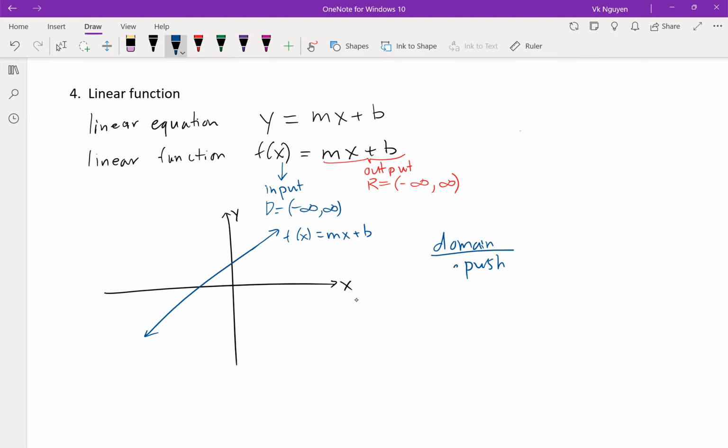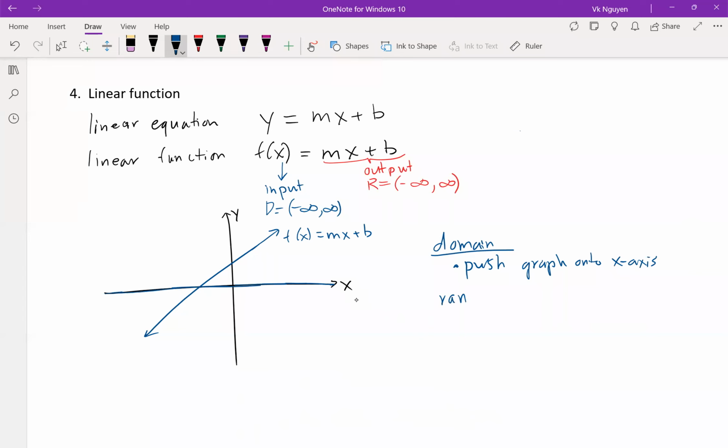Push or project the graph onto the x-axis. If we project it onto the x-axis, you see that the graph covers the entire x-axis. So all the numbers on the x-axis are in the domain of the function, and thus the domain is -∞ to infinity.